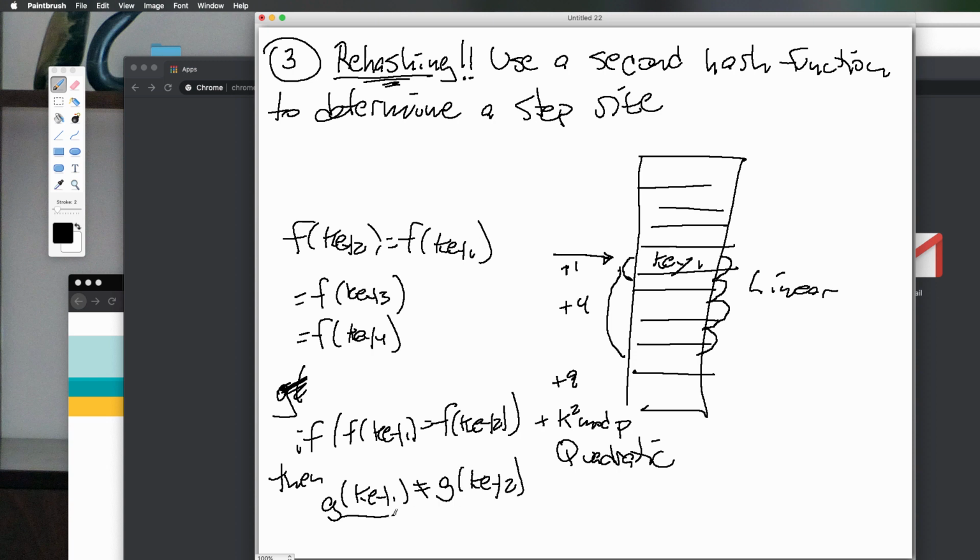And this becomes the step size. The step size meaning how far you jump each time when you have a collision. So let me give an example of how this would all work.